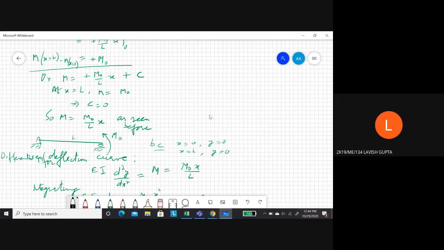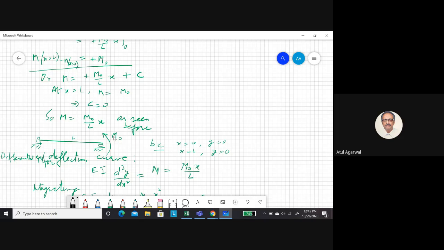Sir, half into work done by the force, right? Very good. Half into the work done by this force movement. This movement is causing a rotation of this plane, so it is also rotating, kind of. So half into M naught into rotation of the cross-sectional plane.